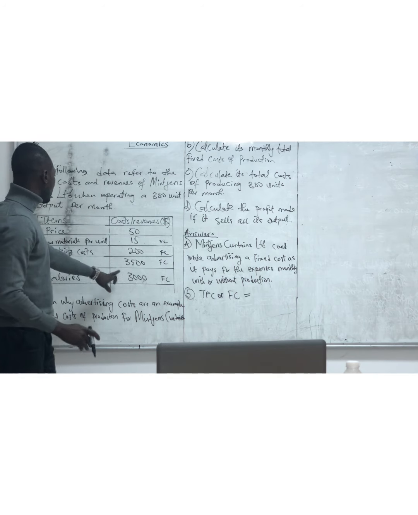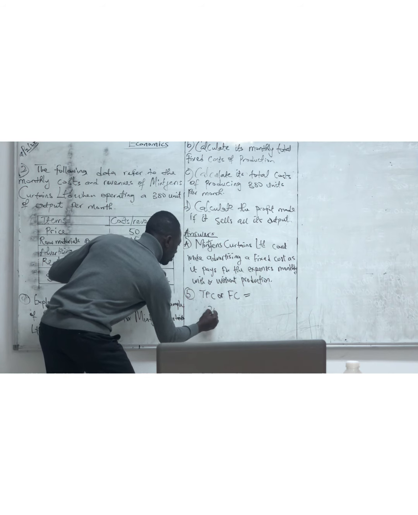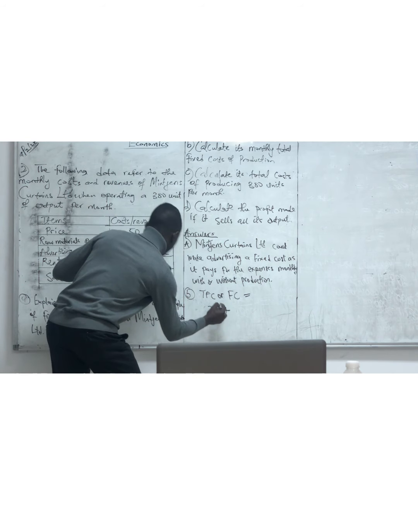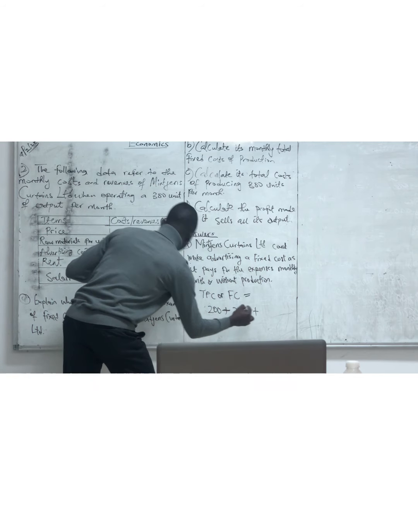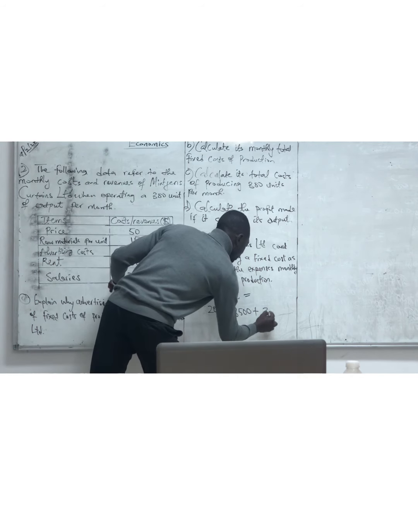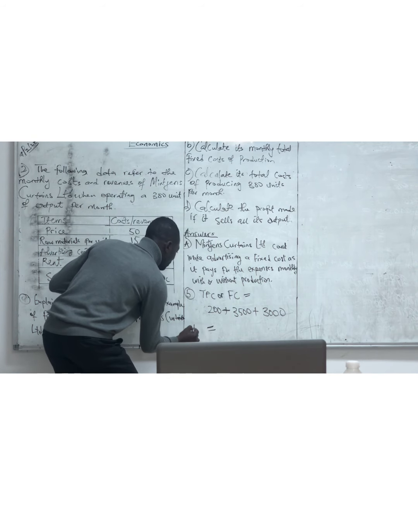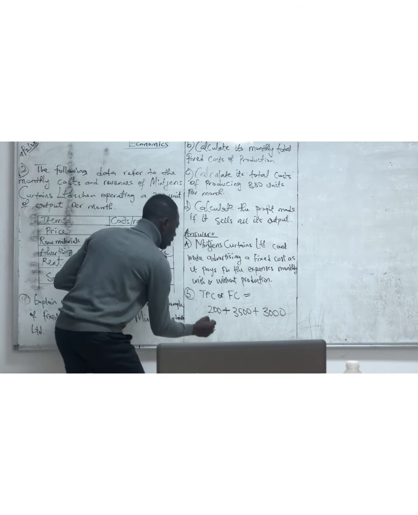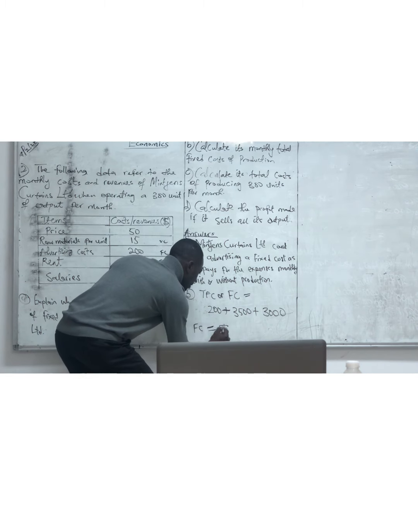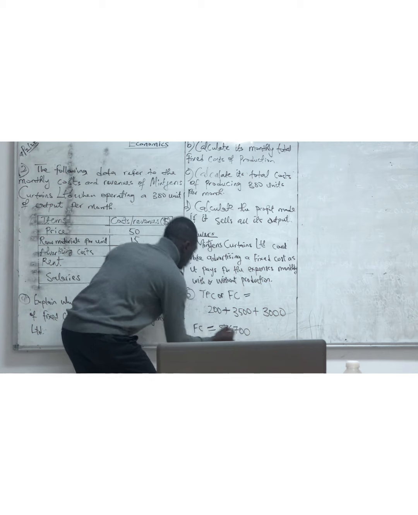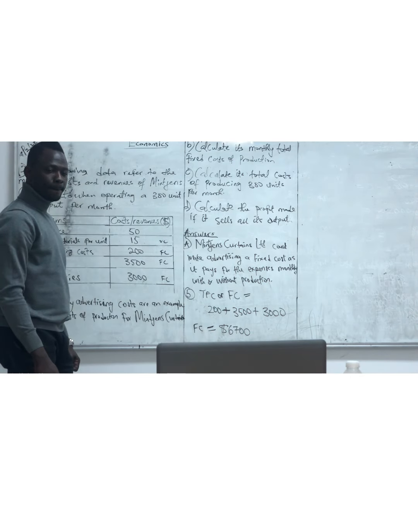So our total fixed costs are $200 plus 3,500 plus 3,000, right? So your TFC or your FC equals $6,700. Is it clear? Alright.